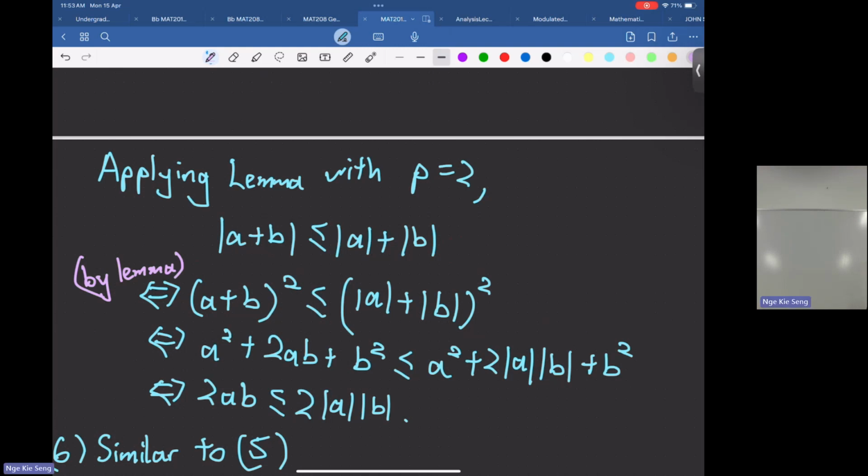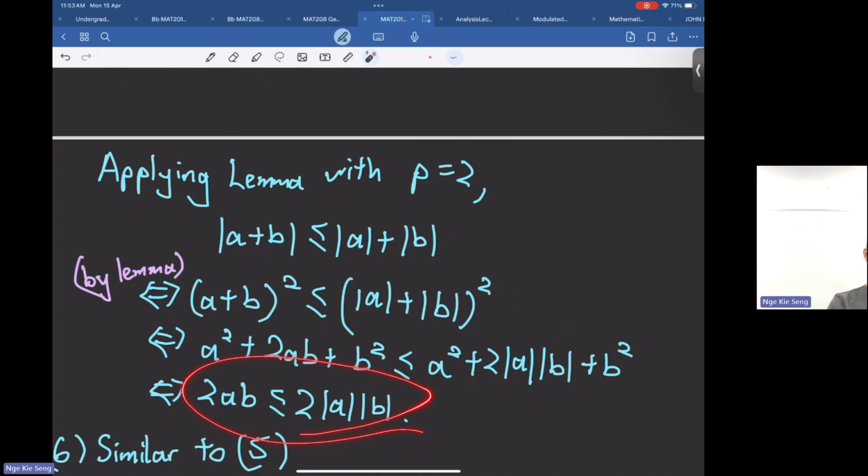Okay. Then we could expand this power here. I will get a squared plus 2ab plus b squared less than or equal to a squared plus 2 absolute value of a times absolute value of b plus b squared. And then in the end, I get 2ab is less than or equal to 2 times absolute value of a and b.